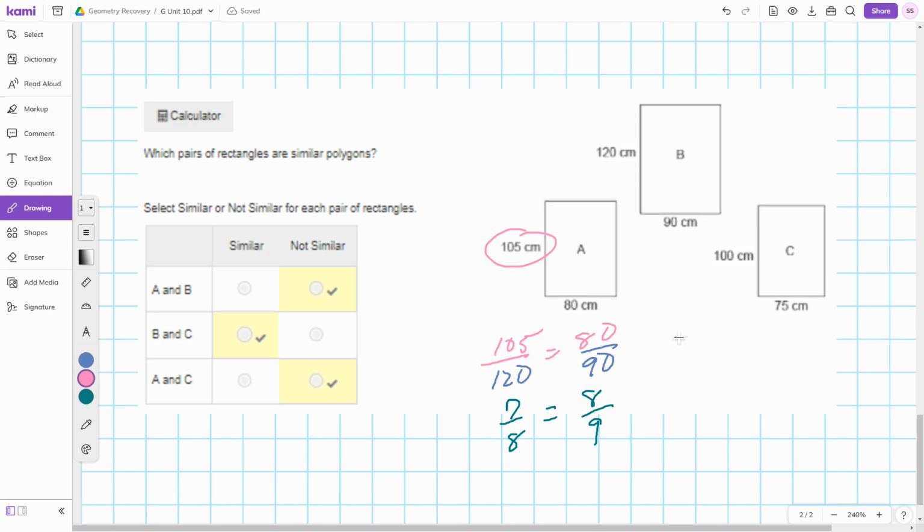Now let me do A and C. So I go 105 to 100, and I want to compare that to 80 and 75. So get my handy dandy calculator.